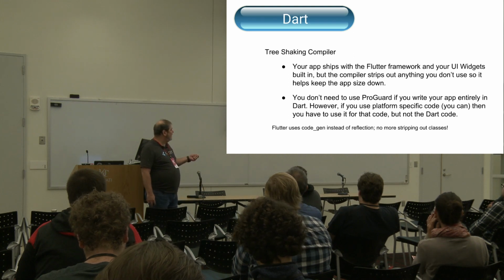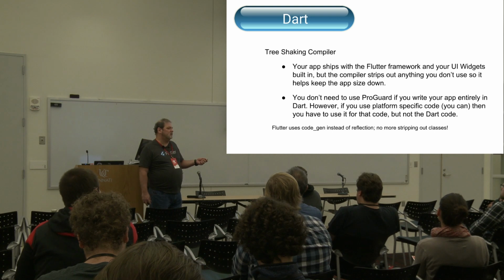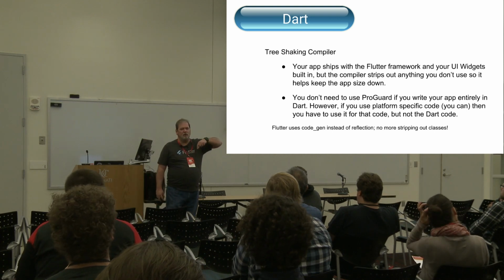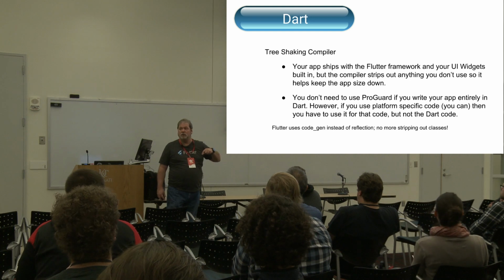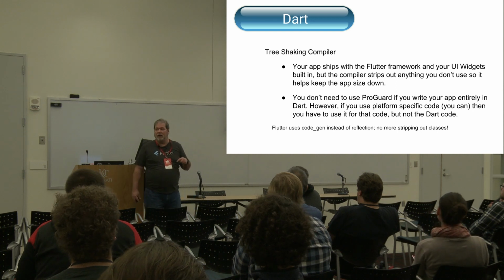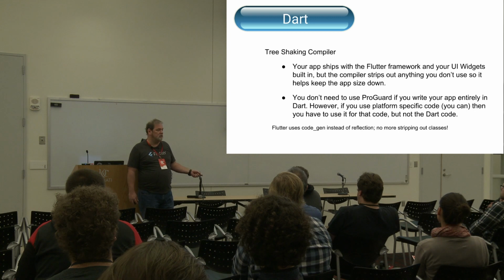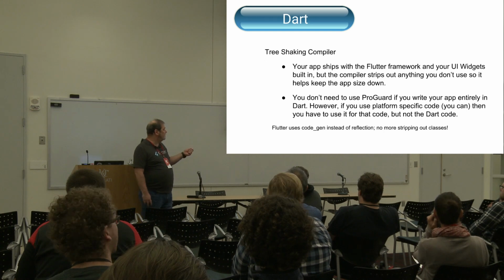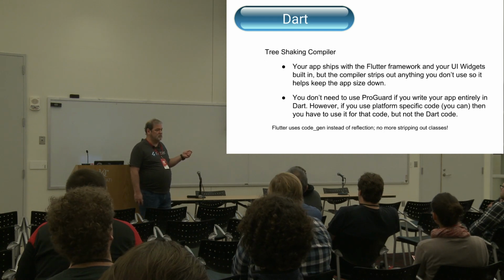Also, if you stay in Dart, because of this, if you don't write any platform channels and use code from the platform, which you can do, you can put Java and Swift into a Kotlin app in order to interface with the framework. But if you don't do that, then you don't need ProGuard or anything else.